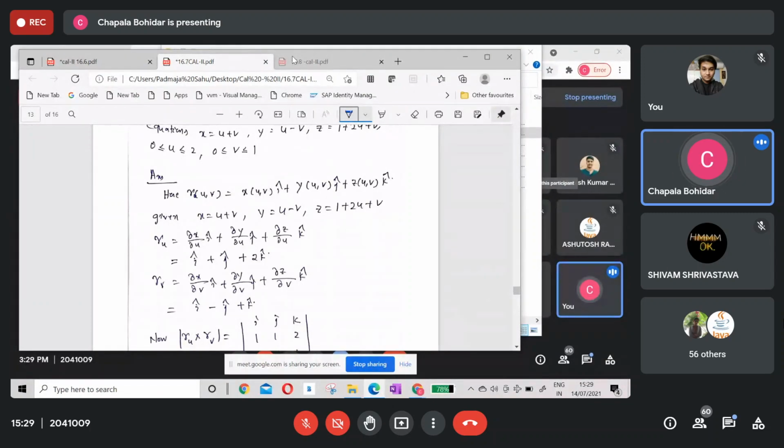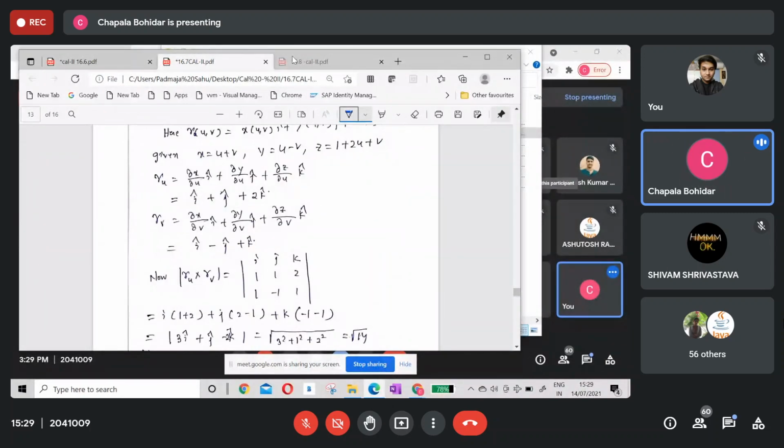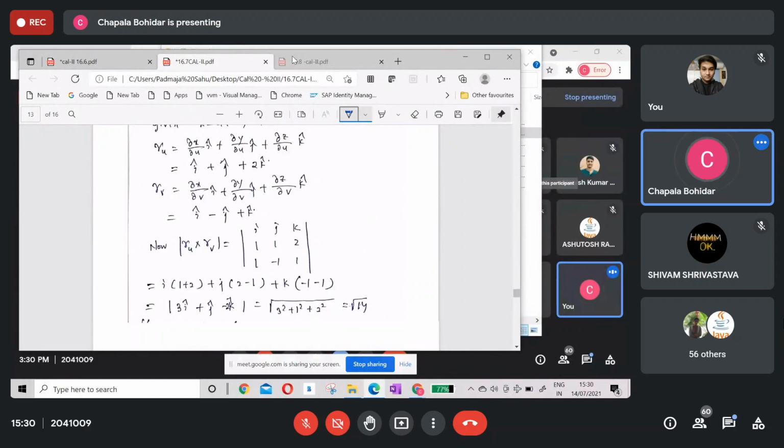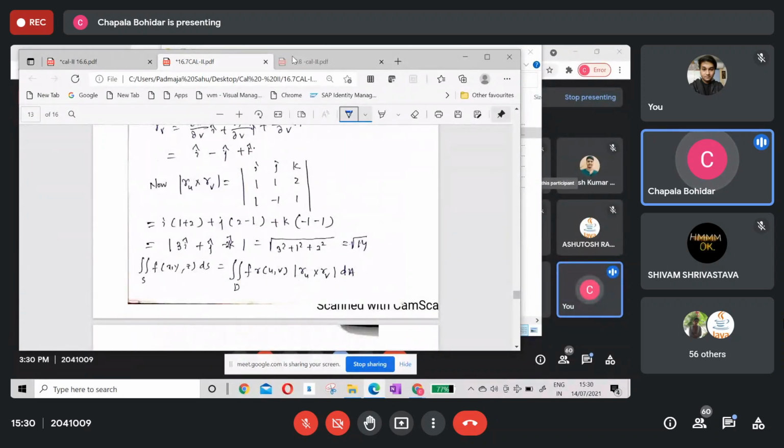Similarly r_v is i cap minus j cap plus k cap. So r_u cross r_v is the determinant of i j k, 1 1 2, 1 minus 1 1, and we get that the absolute value of r_u cross r_v is root 40.